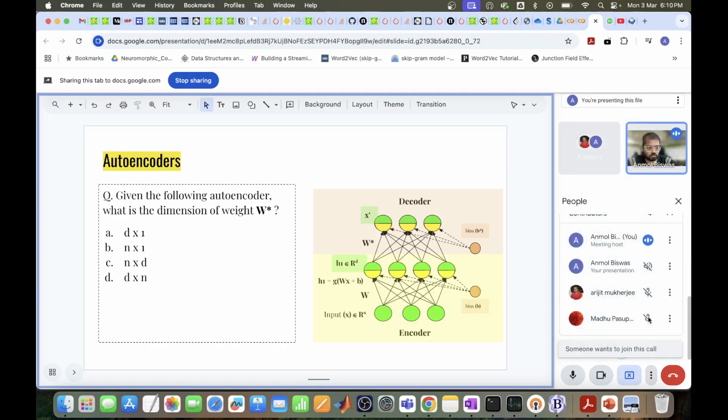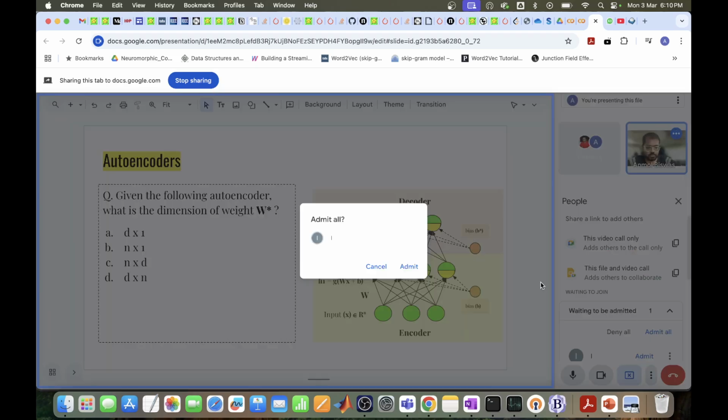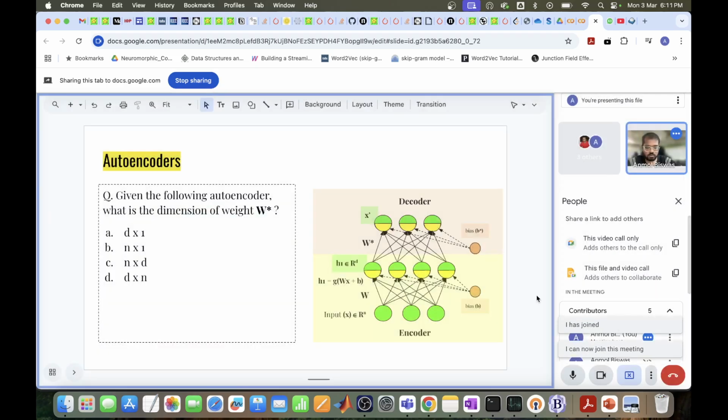Okay. So the input belongs to Rn, so this is an n-dimensional input, and then you compute h1 as g of Wx plus b, and h1 belongs to Rd, which is a d-dimensional hidden layer, and the output is x prime.